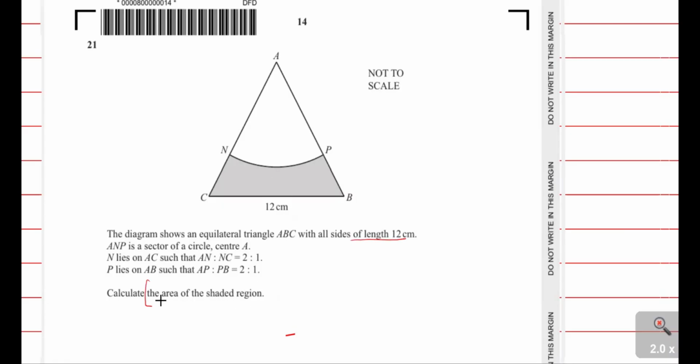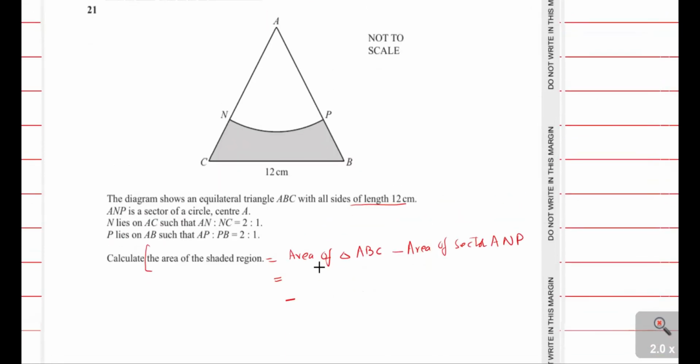Look here, the area of this shaded region will be equal to the area of triangle ABC minus the area of sector A and P. The area of triangle ABC equals 1 over 2 times the product of two adjacent lengths and the sine of the angle between them. 1 over 2 into AB into AC into sine of the angle between them.